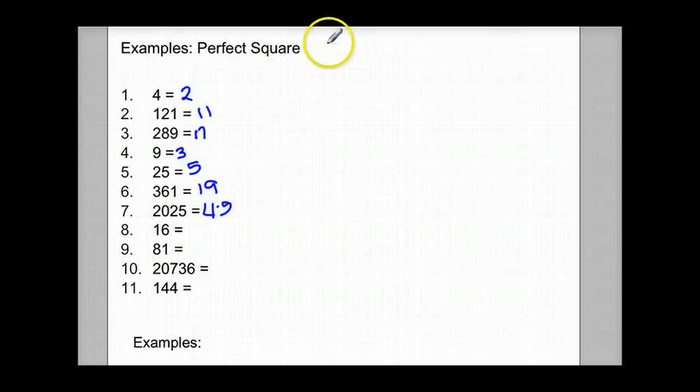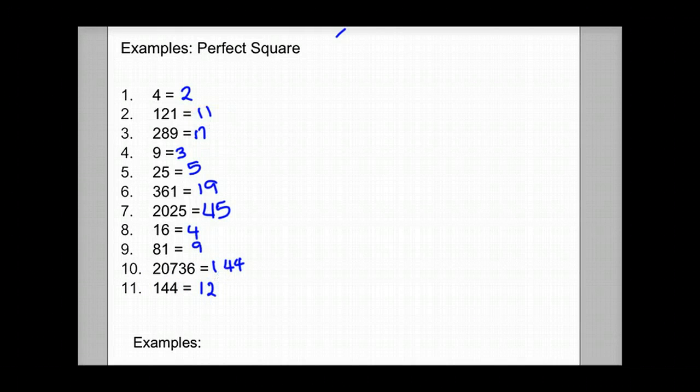Square root of 16 is 4. Square root of 81 is 9. The square root of 20,736, you should have gotten 144, and then the square root of 144 is 12.